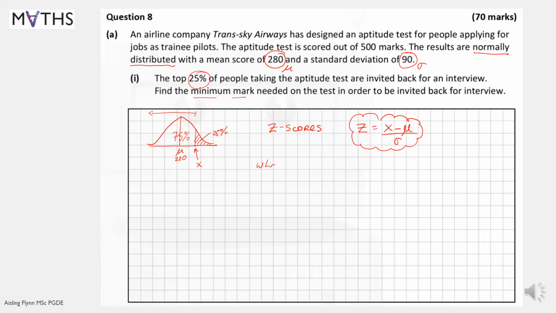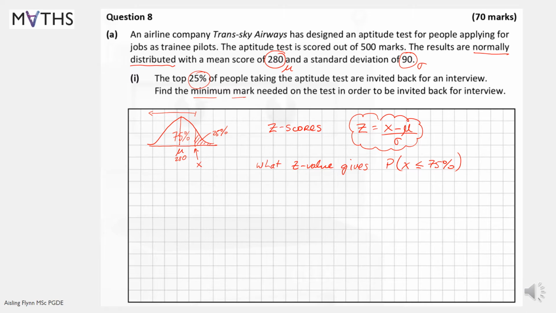So what Z value gives the probability that our X lies, my notation may not be perfect here, less than or equal to 75%. Okay, so we're looking for a z-score, a z-value that gives 75%.